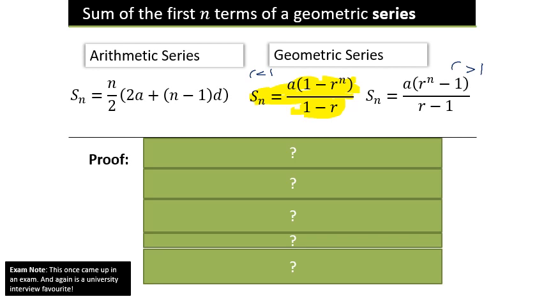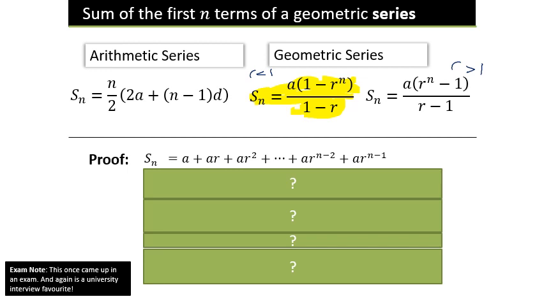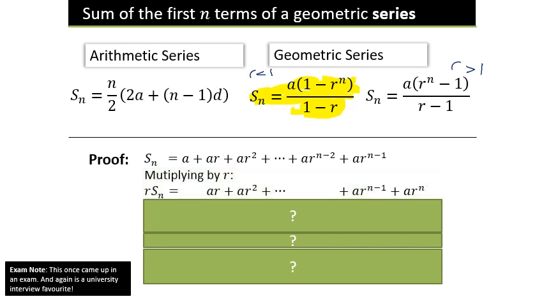So this is in the textbook, but I just want to talk you through it here. Step one is to think about the sum of all the terms in the sequence. The first term is a, the second term is ar, all the way up to ar^(n-1). If we multiply that sequence by r, then we get the following.